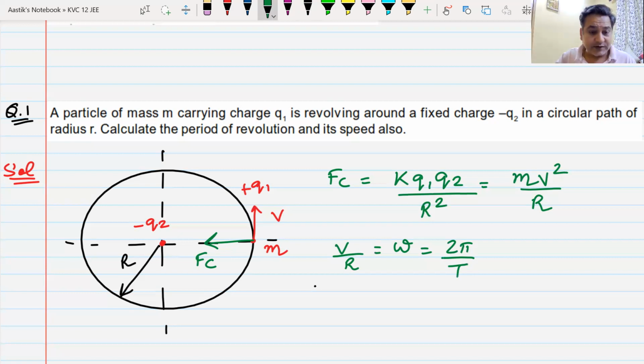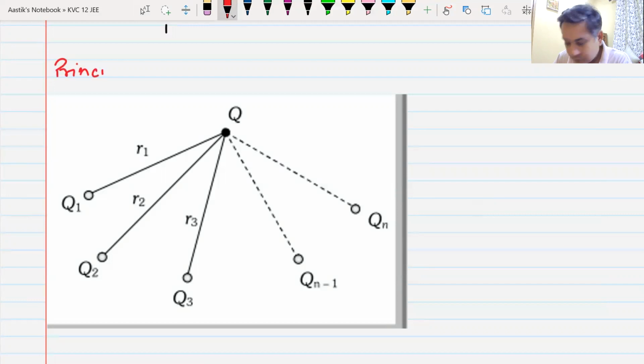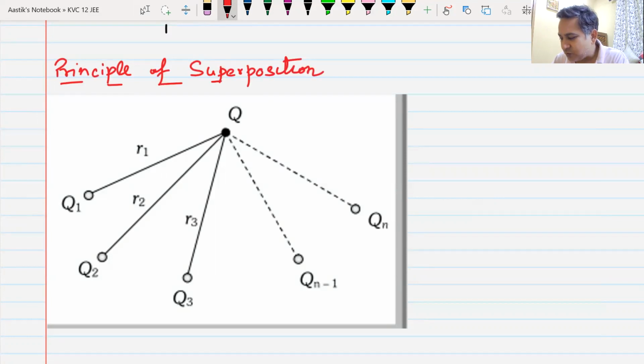Do we understand the principle of superposition? Have you heard about this principle? Yes, sir.